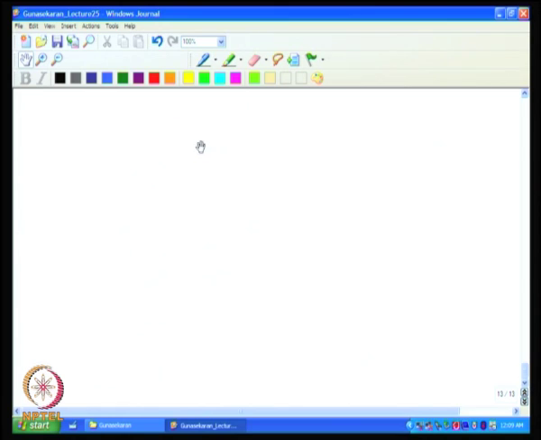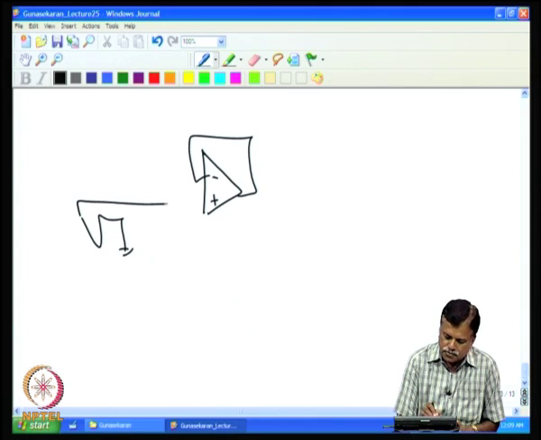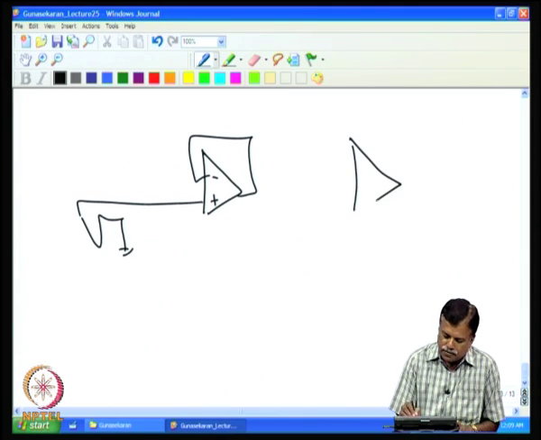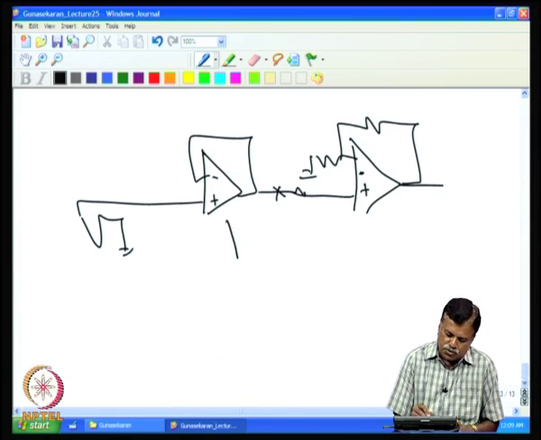For example, if I had used the first stage as a voltage follower, then we have to pay the price, because now the drift of both op amps comes into the picture. Because the signal is not amplified at all in the first stage, the drift of this should be low.